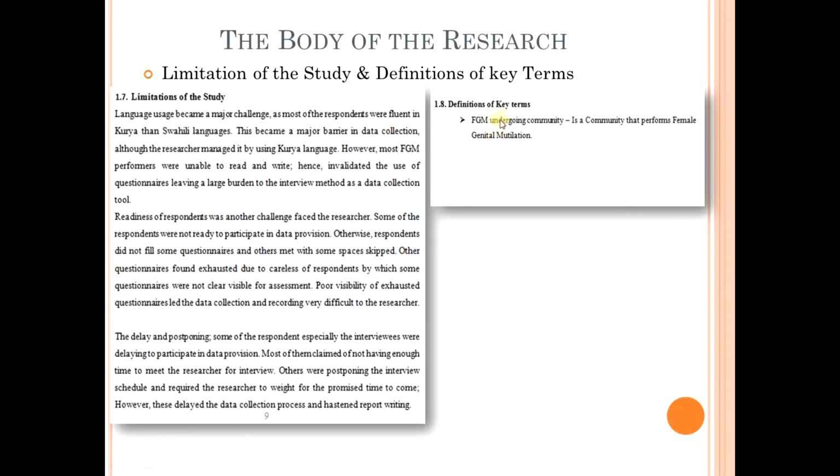Also, when you are writing your thesis or research report, there are some terminologies that you might be using that are uncommon to some readers, or that might confuse some readers. Or you use some terminologies according to the setting of your research that might bring confusion to the readers.